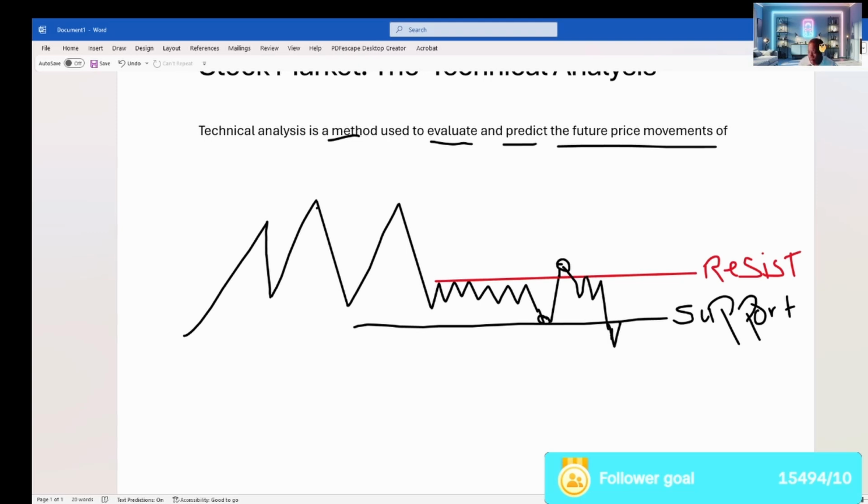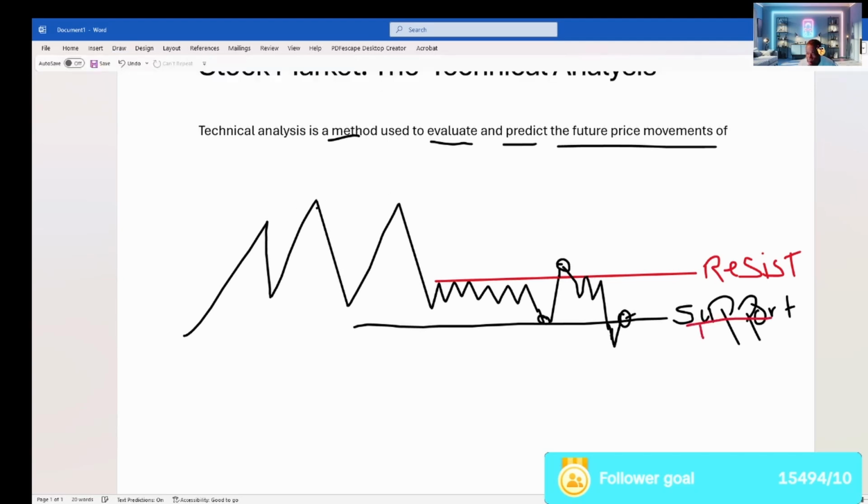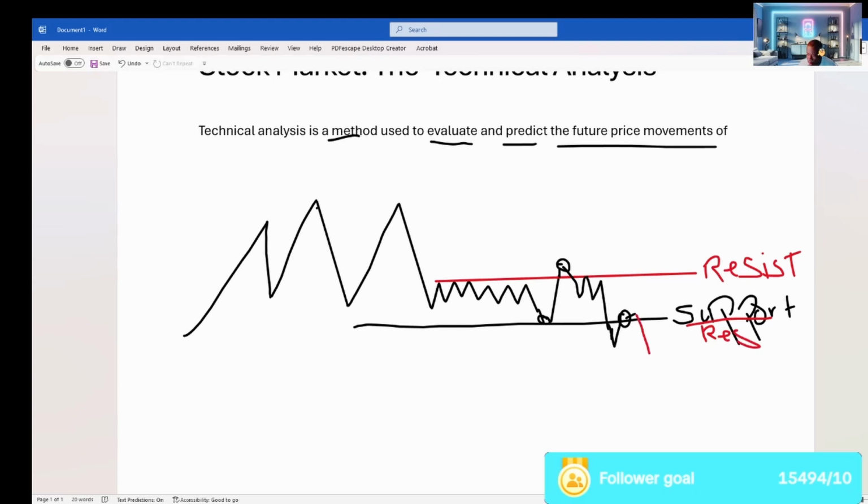Now you see what happened there? This support can become a resistance again, because at any time it can move back lower and create another support.